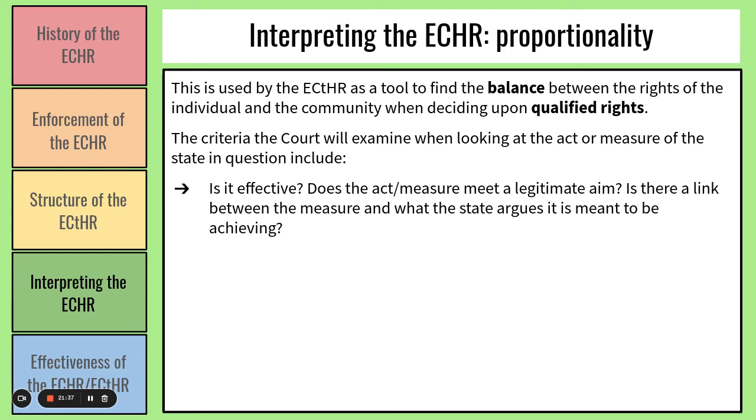So, for example, if we have a look at the right to privacy and phone tapping, and an individual is possibly a terrorist and the government wants to tap their phones, wants to listen into their conversations, they could argue that doing so would meet a legitimate aim of protecting the public from a terrorist attack.